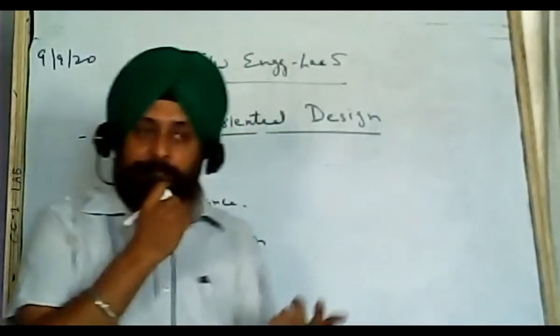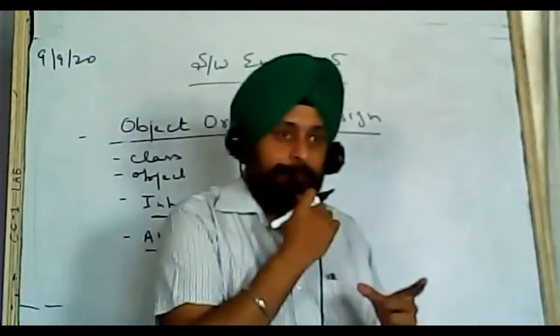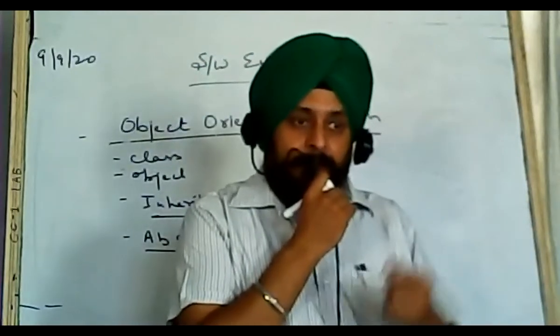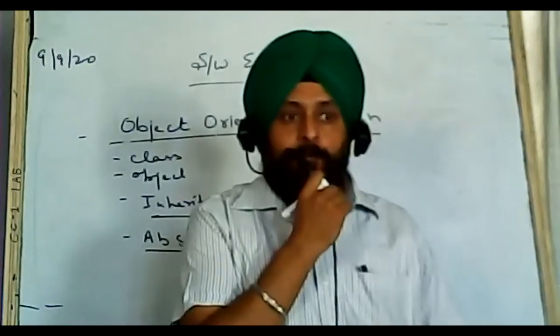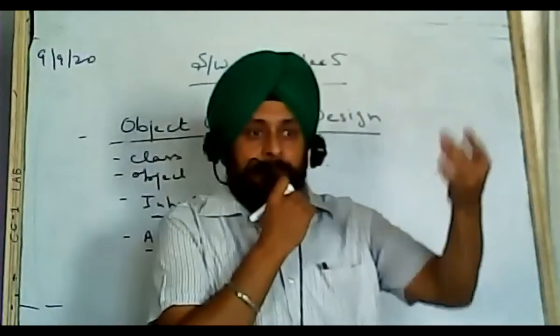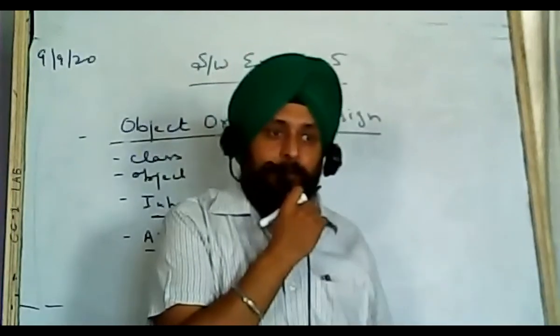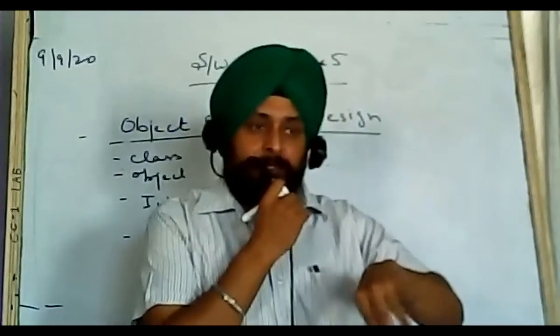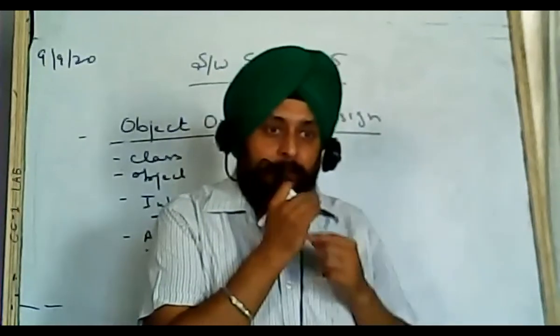Suppose an ATM machine is there, which is a type of system. Here we only have to do the transaction with the ATM machine, whatever money we want, or to see the mini statement, the withdrawal and the balance. What is going on behind the system should not be shown to the user.